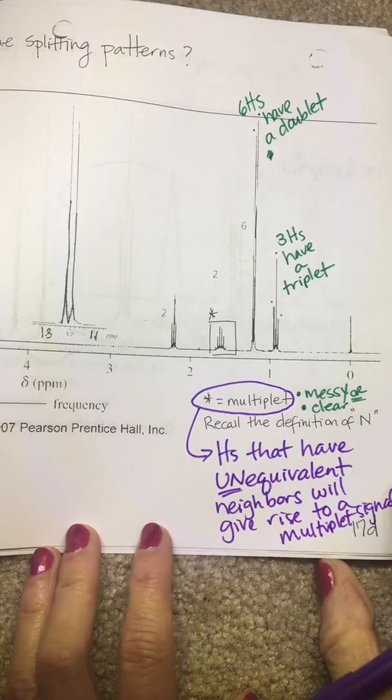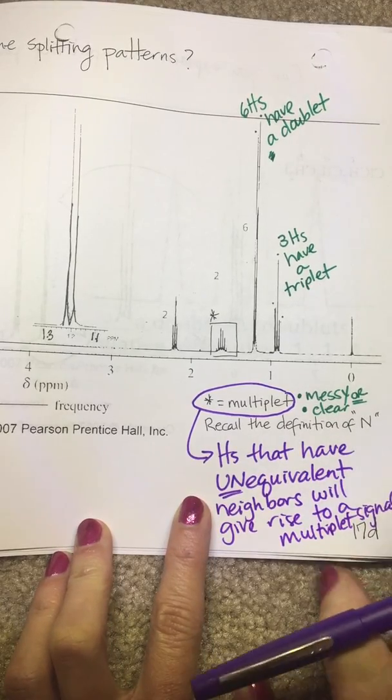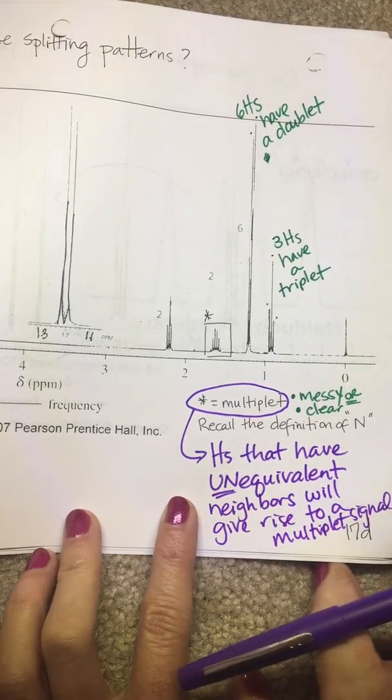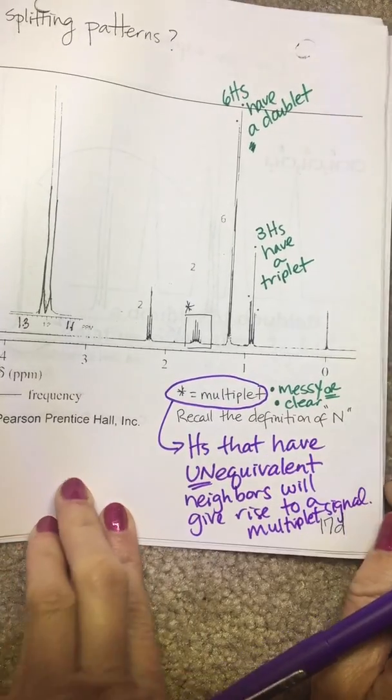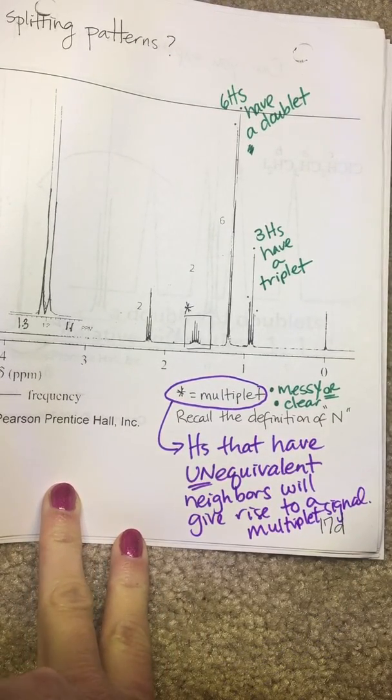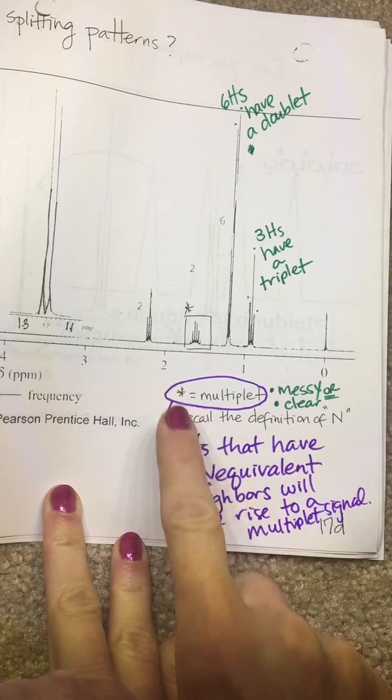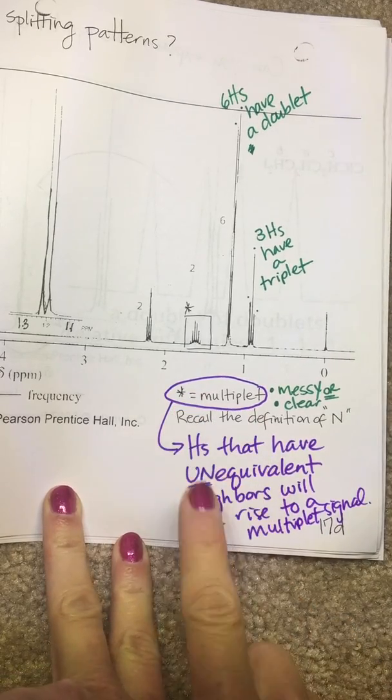That's because those unequivalent neighbors are different. So they're going to have different effects on a set of hydrogens, which can cause some sort of messy splitting pattern. Sometimes it's clear. But if I label it for you as a multiplet, that's telling you that the neighbors need to be different.